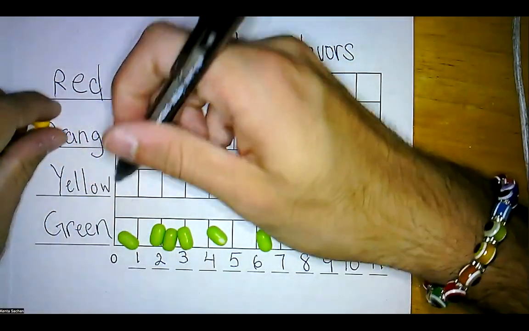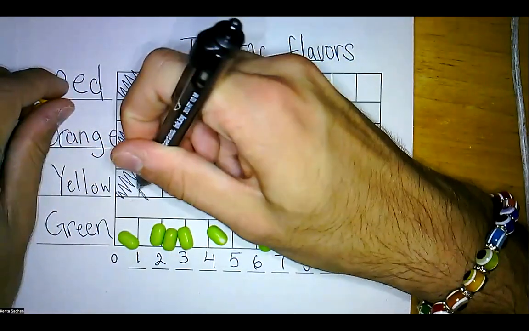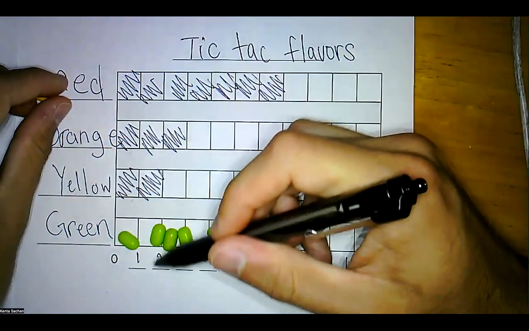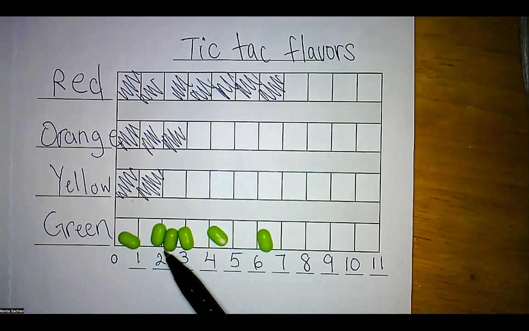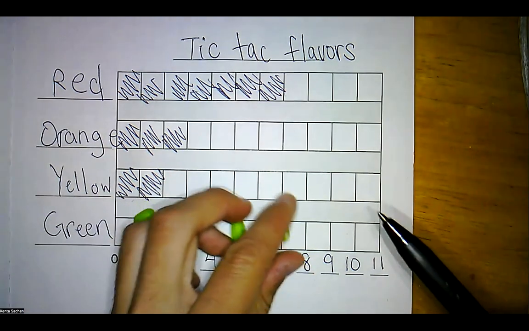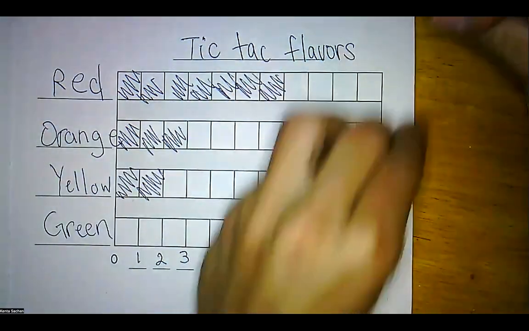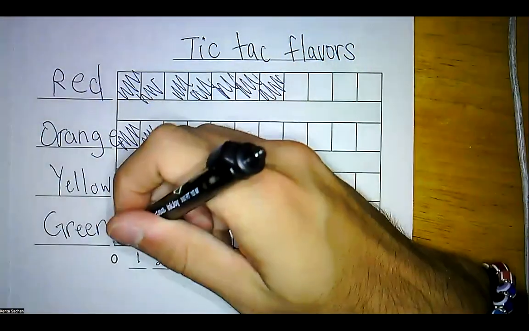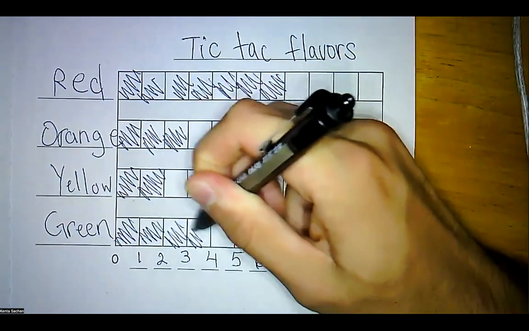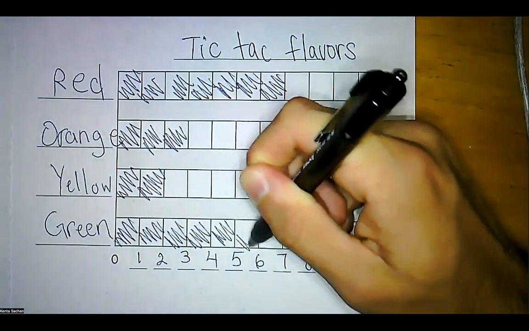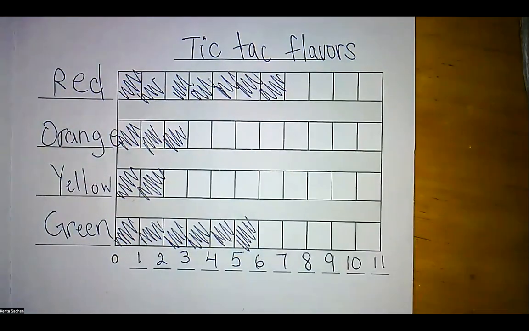These were quite delicious, so I had a lot of them yesterday. 2 yellows. And greens, 1, 2, 3, 4, 5, 6. So I'm going to color, missed one, 6 green. 1, 2, 3, 4, 5, 6, all the way to the 6th one.